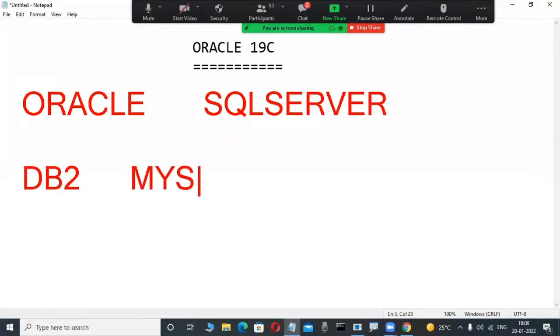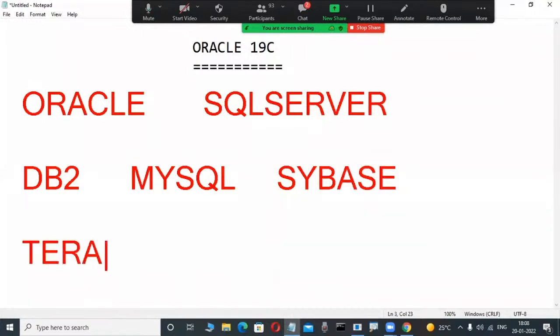MySQL is an open source database product, but nowadays Oracle Corporation has purchased it. Again, Sybase is a database product from Ingres Corporation. Again, Teradata. Maybe many fellows, data warehousing application programmers, have an idea.